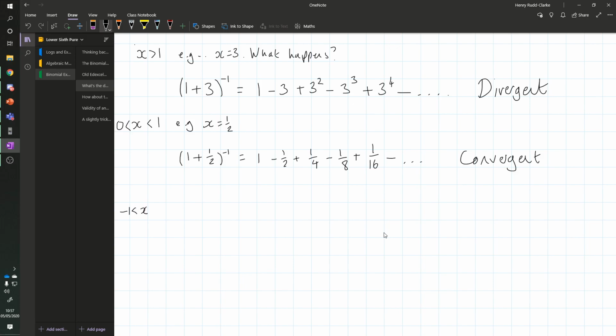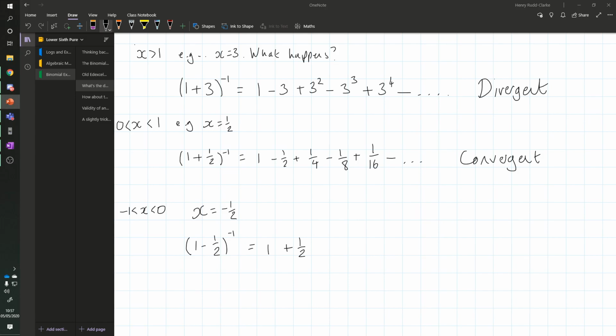What happens if x is between 0 and minus 1? So we would just put x equals minus a half. Our expansion in this case is going to be 1, then it would be the same thing, but with the sign swapped.